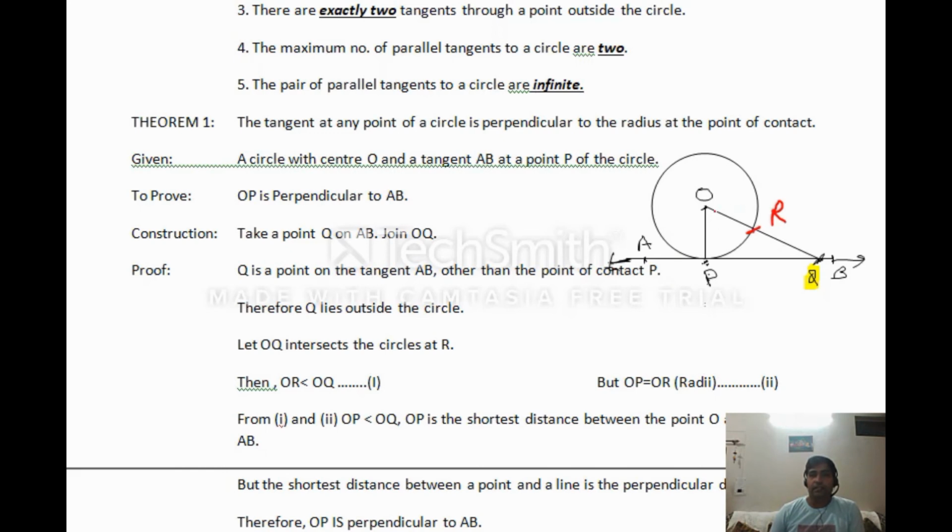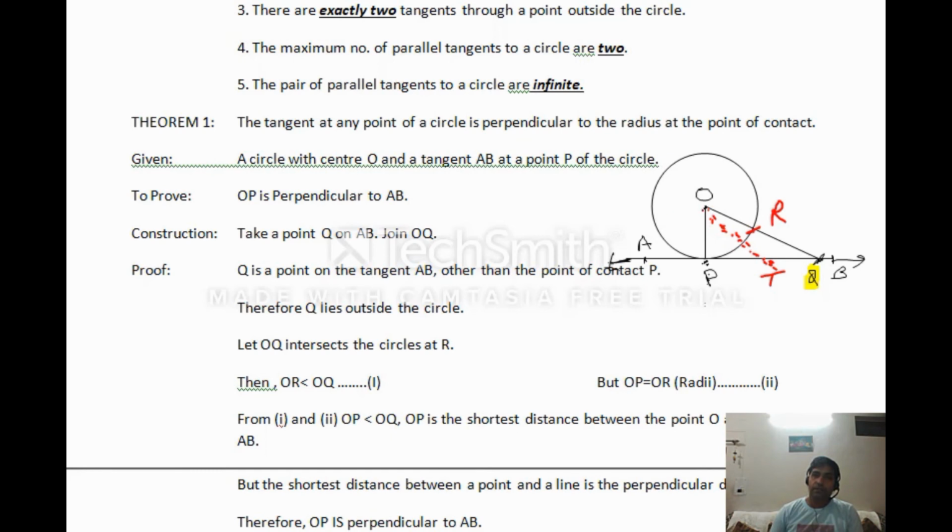Now, similarly, if you take some other point, let's say a point T here, you can say for this point also that the length of OT is greater than OP. So again OP is smaller than OT.